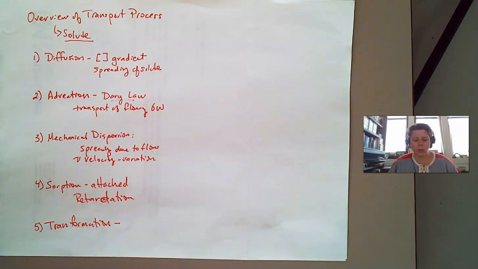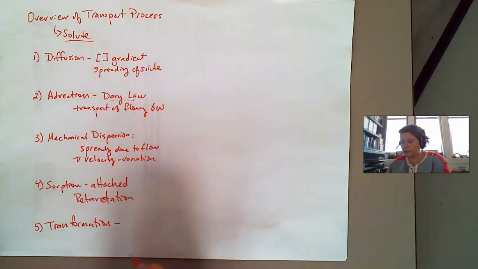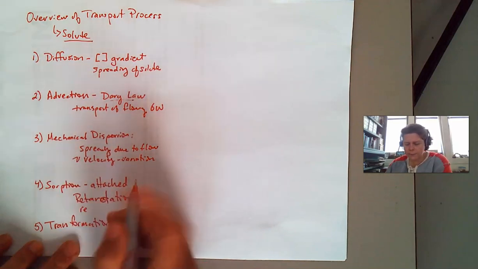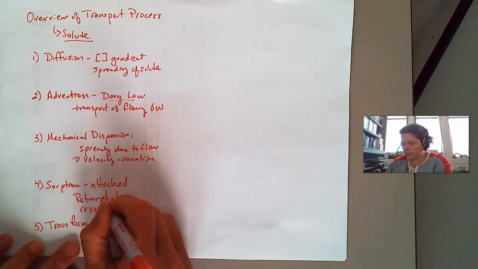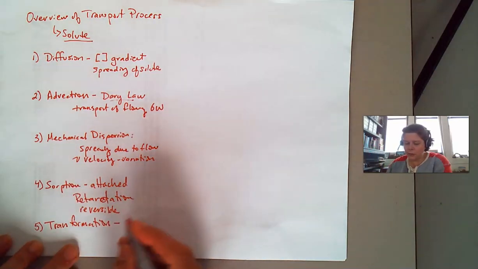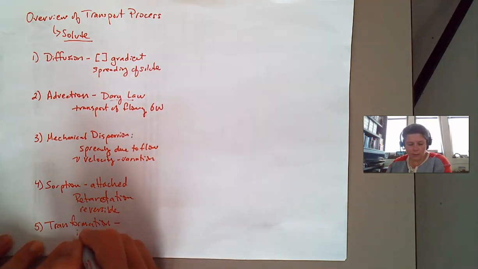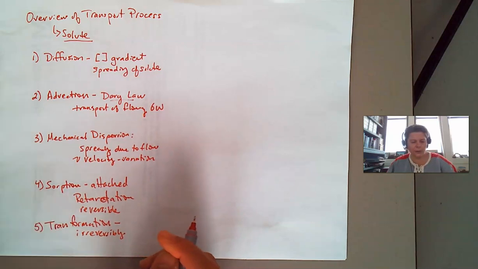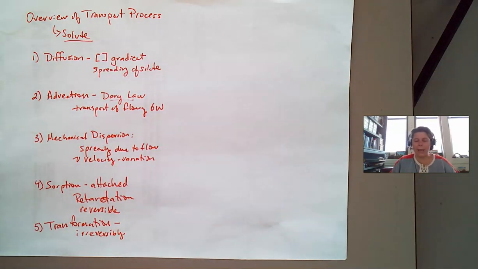The last one is transformation. This is the process that changes the compound, and it's often irreversible, whereas sorption is often reversible. Like a lot of things in science, there's always that one thing that messes it up. Once it's been transformed, it usually does not transform back.